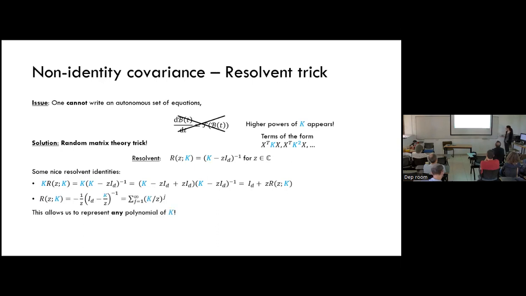Another property is that you can expand the resolvent and essentially get any power of K. That is nice, because now I can write any polynomial in K by doing a contour integration that encompasses all my eigenvalues, and therefore write any polynomial function of K.